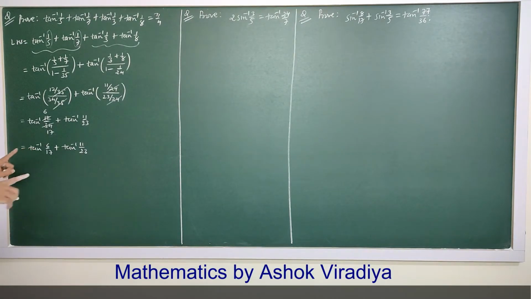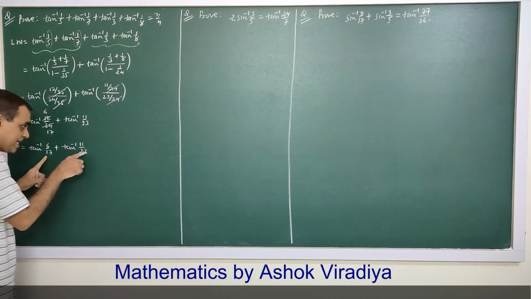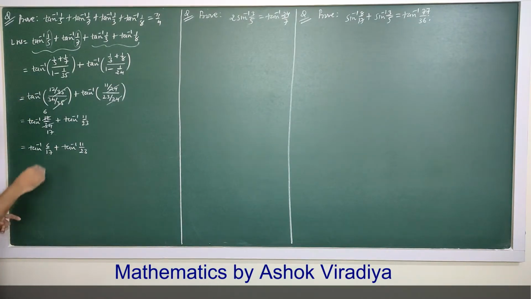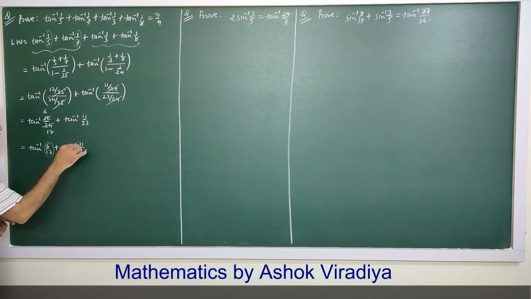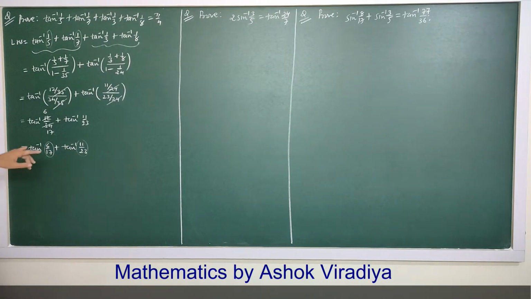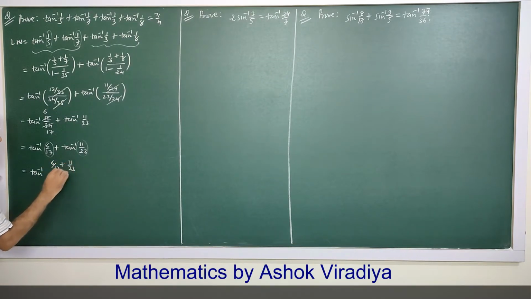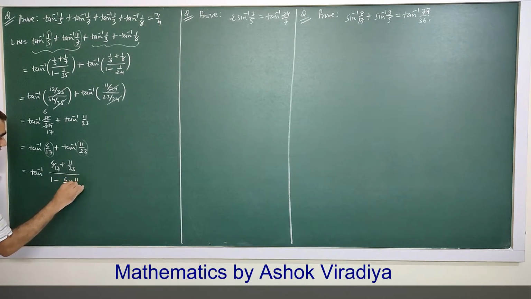Now once again, tan inverse x plus tan inverse y. Check the product. The product is 66 upon 23 into 17, obviously less than 1. So applying the formula, it is equal to tan inverse of (x plus y) upon (1 minus x into y).